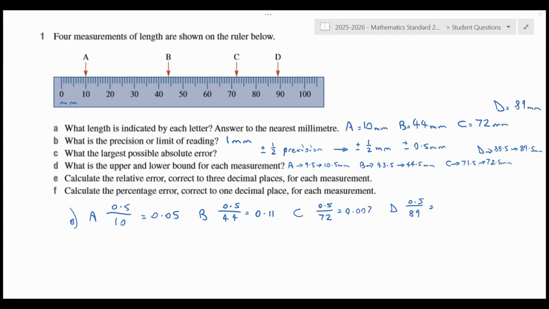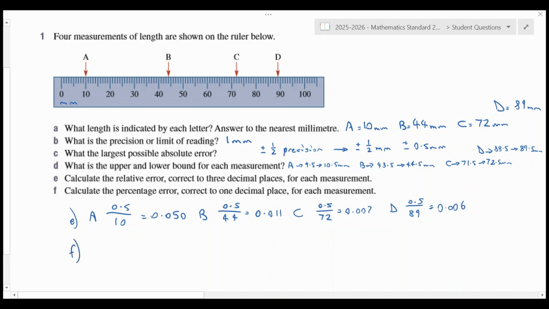I just realized that I didn't do the previous one to 3 decimal places. It's 0.011. Sorry, I had to double check myself. And the first one, 0.050, if I wanted to put it to 3 decimal places I could add the 0, but it doesn't really matter. Last one, 0.5 divided by 89, 0.006. So that is our relative error.